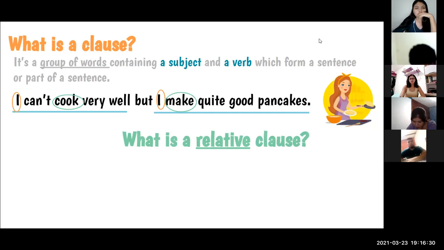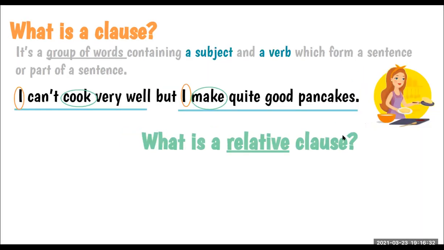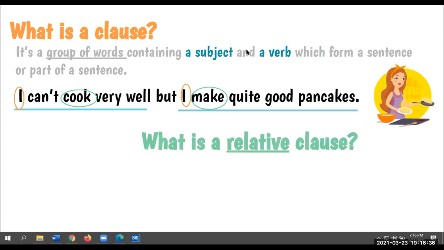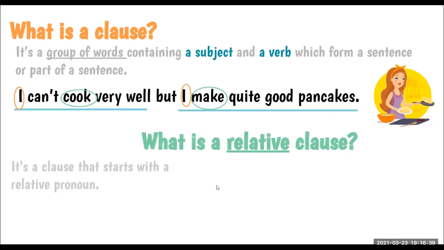Okay, these are relative pronouns. Who, which, that, relative pronouns. But let's see here. A relative clause is a clause that starts with a relative pronoun, it says. Okay, entonces una relative clause es una clause que empieza con un relative pronoun.